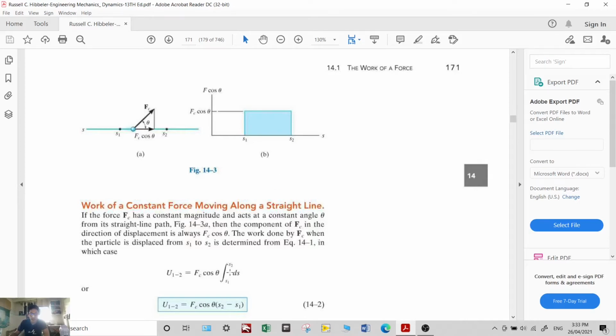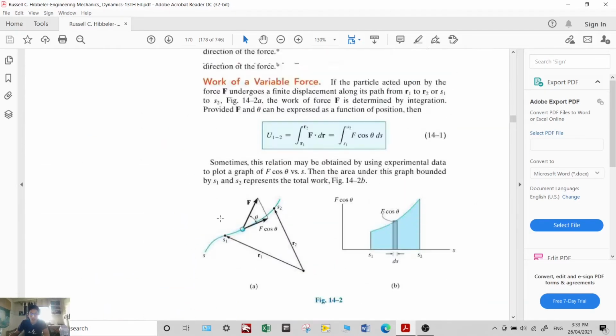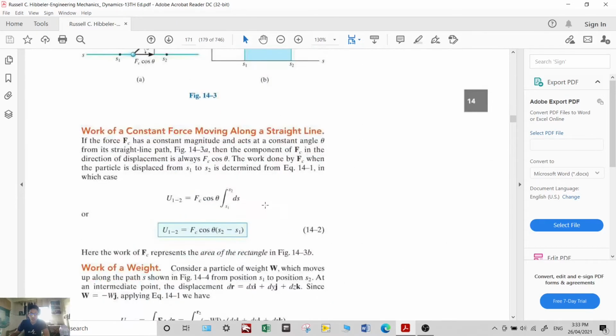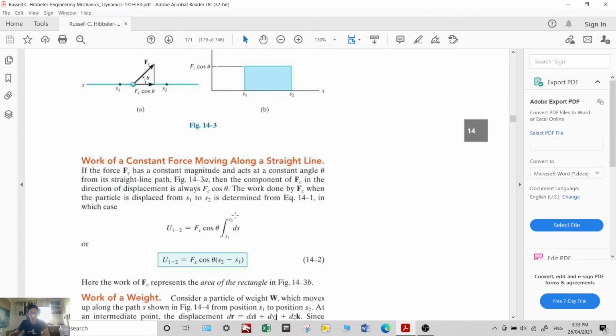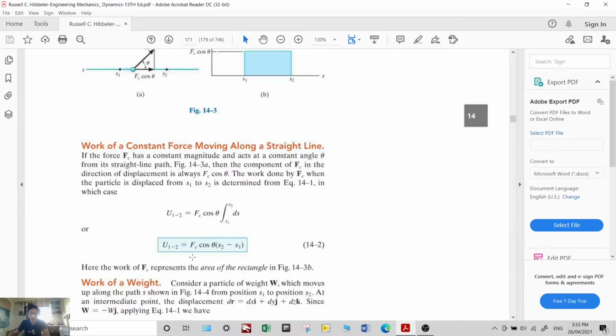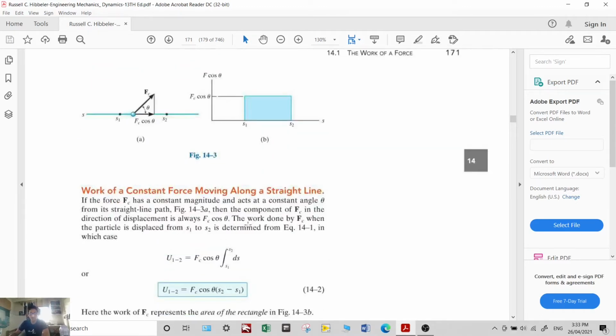So this is easy. If it is constant, you just transpose it outside and then integrate. In other words, this is just equal to Fc cosine theta times (s2 minus s1). This is just the area of this rectangle.